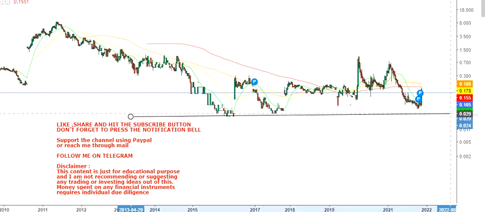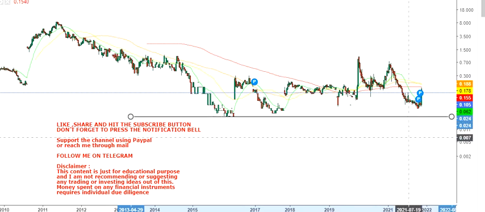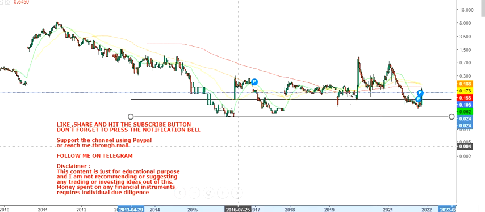Let me tell you one thing as a very important disclaimer, apart from the regular one: this stock is trading in the OTC market, and generally OTC stocks are highly risky, and in some cases you won't find any way out. So be very cautious.